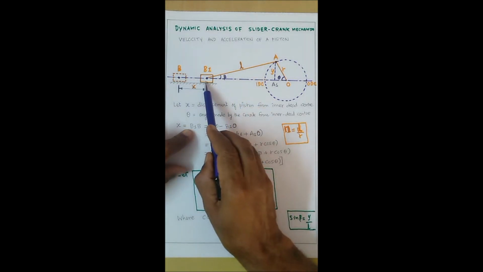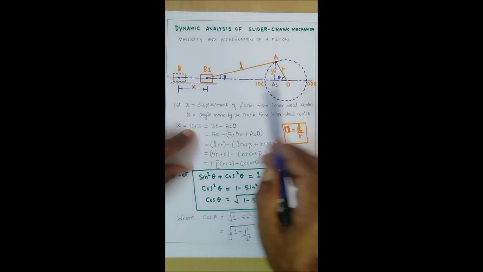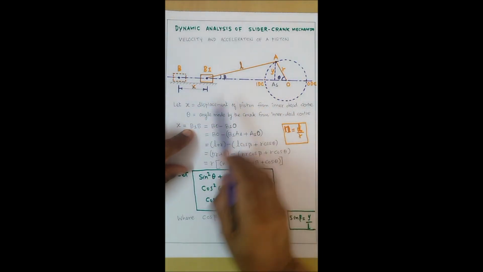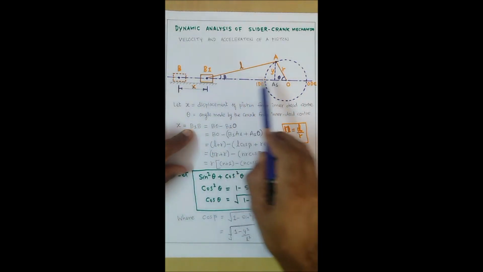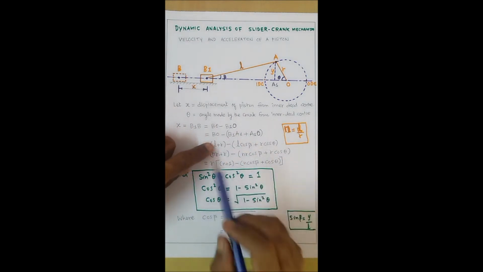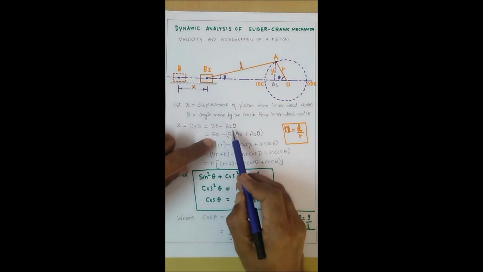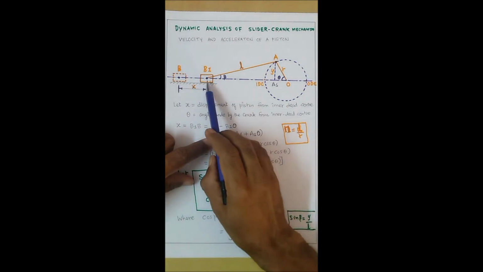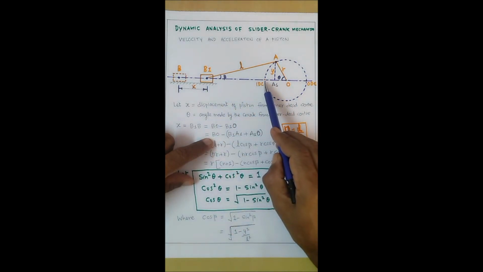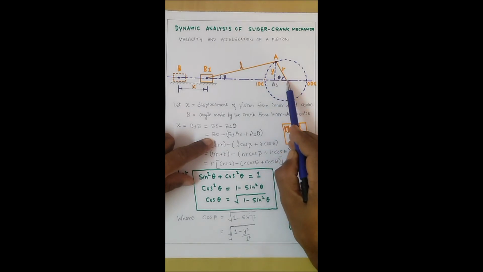So B1B is equal to BO minus B1O. So what is B1O? B1O is B1A1 plus A1O.